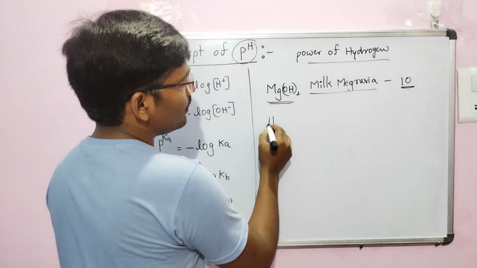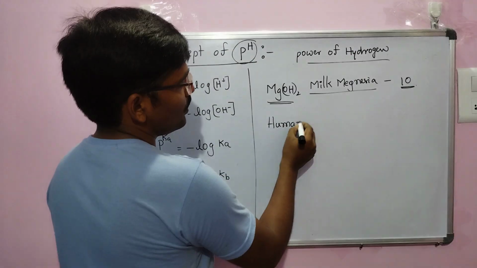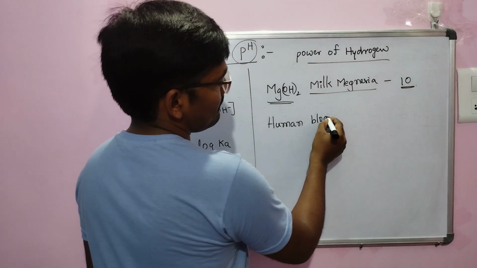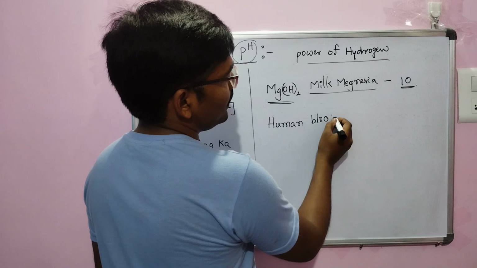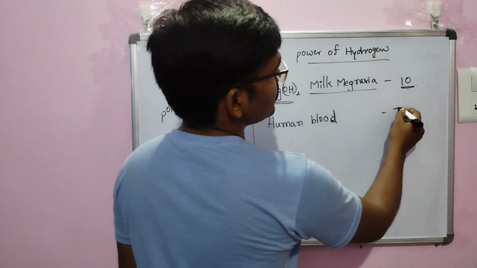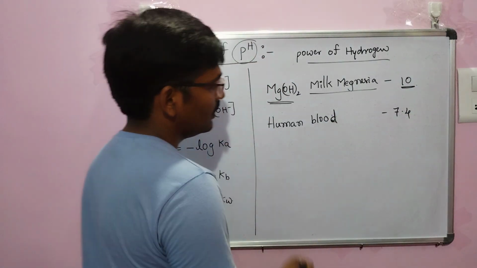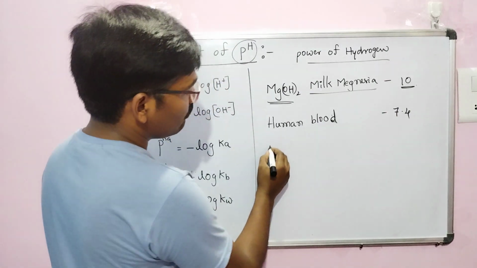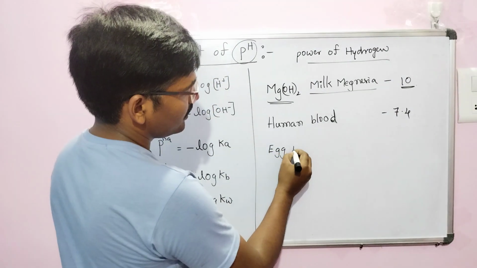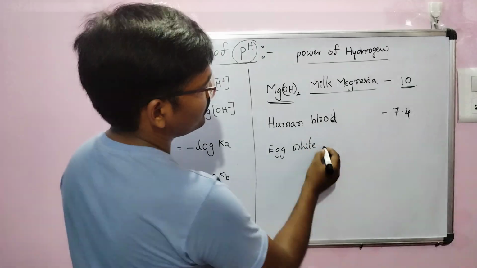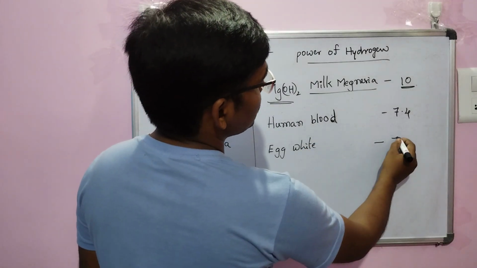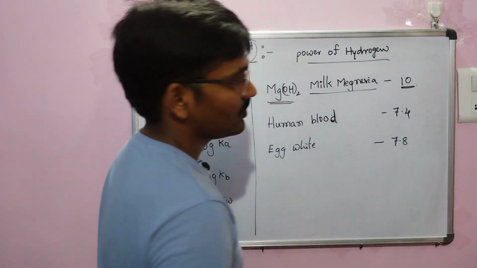Human blood has a pH value of 7.4. Egg white has a pH value of 7.8.